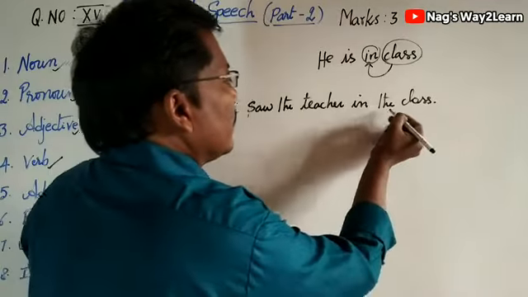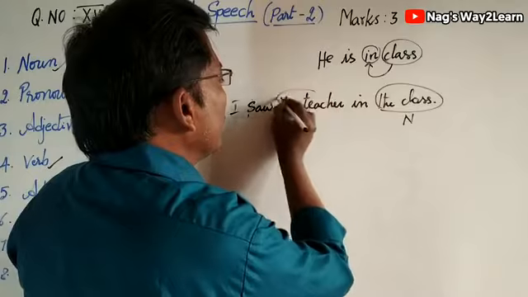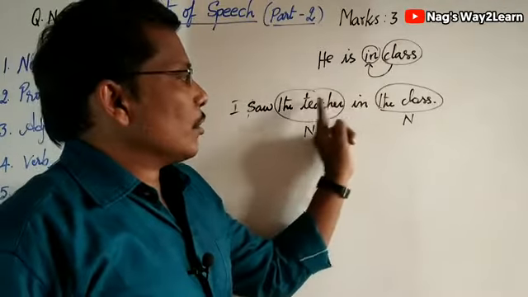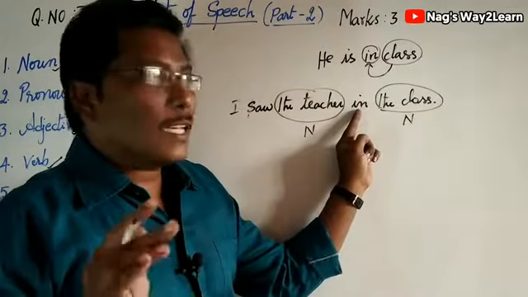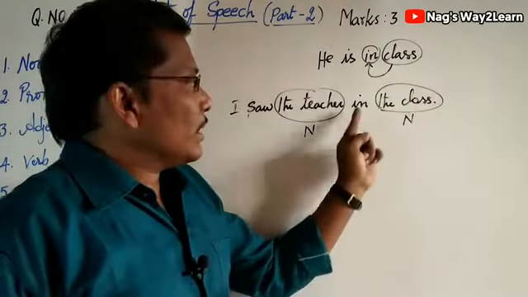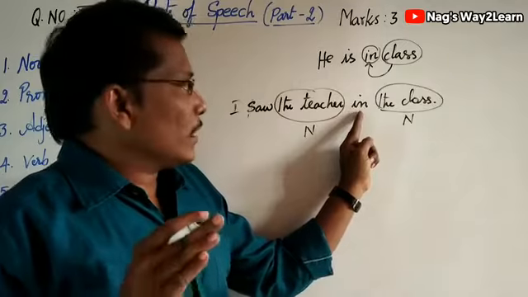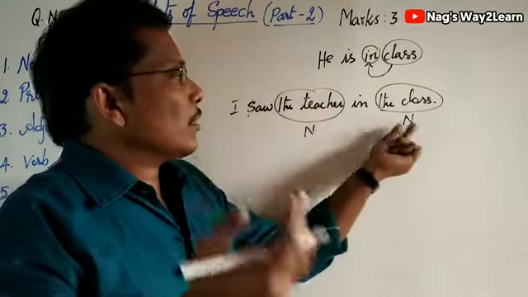Here, the class, this is noun, and the teacher, this is noun. So, between these two nouns, there is the word in. This in is showing the relation between the teacher and the class. So, this is preposition. So, this preposition is showing the relation of the noun teacher with another noun the class.